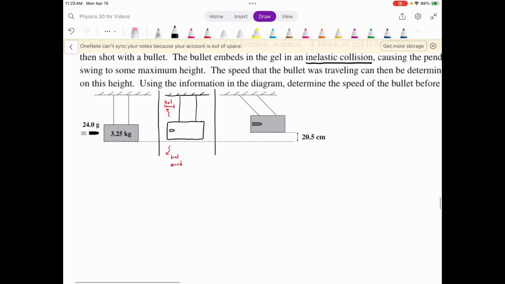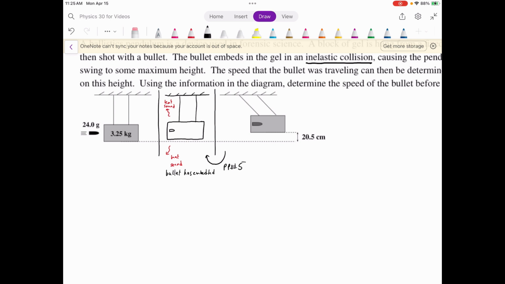We can use physics principle number 5, the law of conservation of energy, to think about going from our very final conditions to the moment just after impact. Again, the bullet has already embedded here.